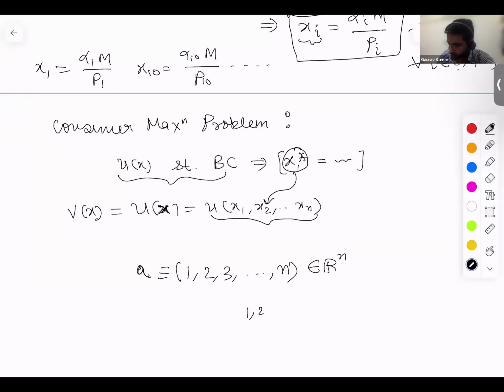Suppose (1, 2) belongs to R2. So we call it a 2-tuple vector. And why is it a vector? Because you can plot it on a Cartesian plane, (1, 2). So similarly in n dimensions, there will be n components which we can't draw here, but it's called an n-tuple vector. I hope this is clear.